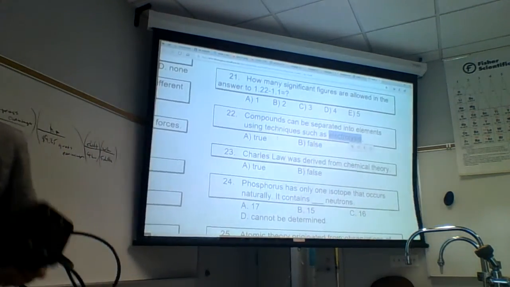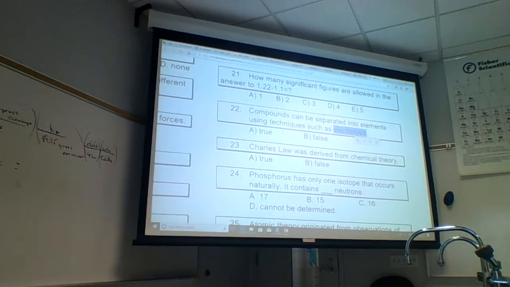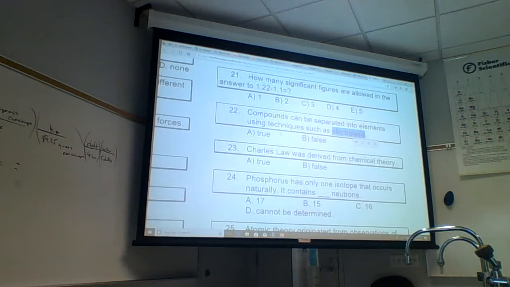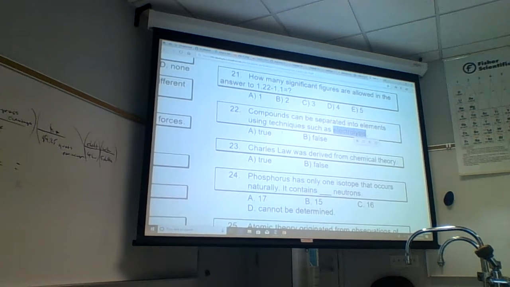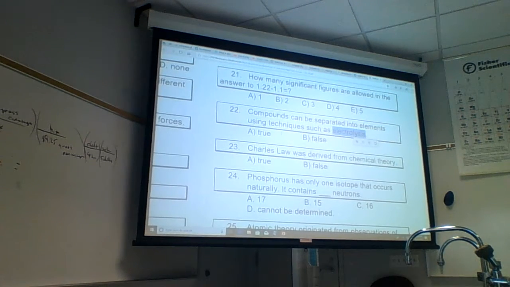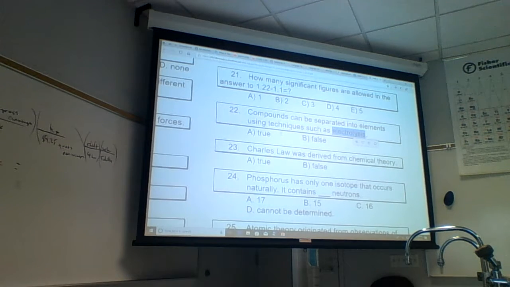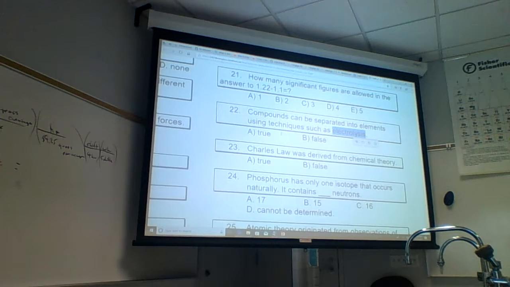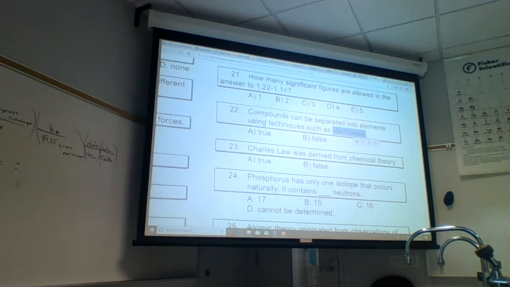This semester I spent a lot more time talking about distillation, whether distillation is a chemical technique or a physical technique. But it depends on the particular semester. This apparatus was broken.